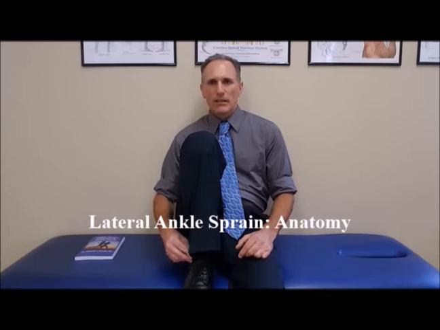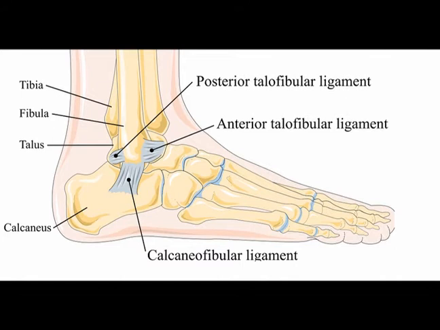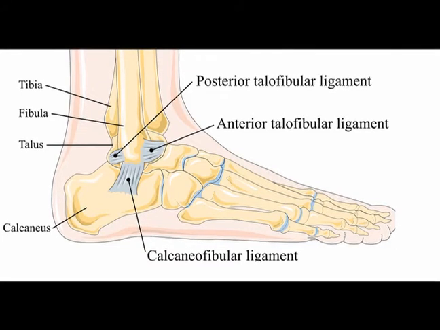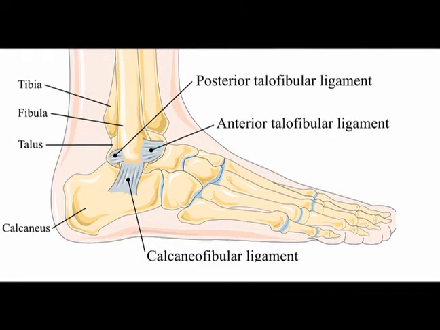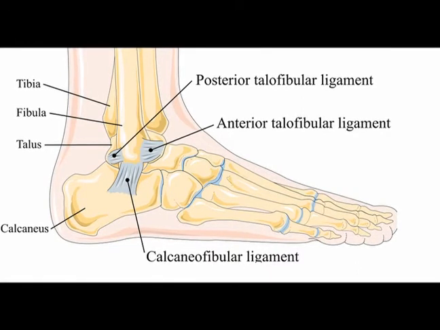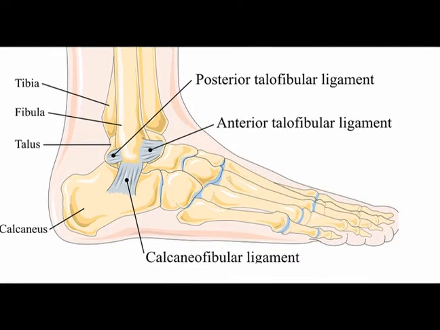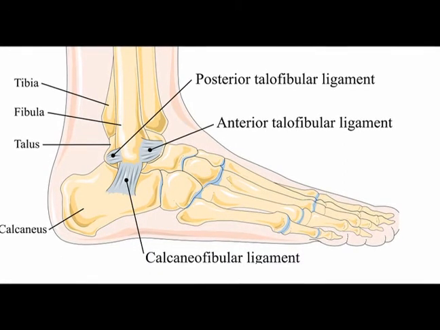It's this big bump down here. And then the talus and the calcaneus. There are three ligaments: the anterior talofibular ligament, the calcaneofibular ligament, and the posterior talofibular ligament. Those are the three ligaments in the lateral aspect of the ankle.